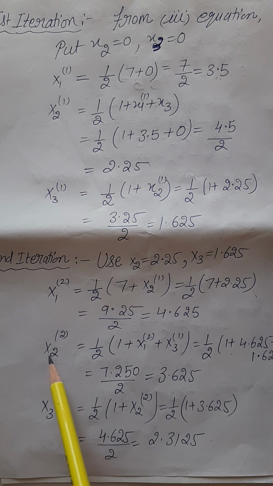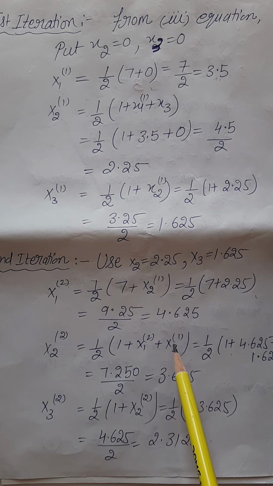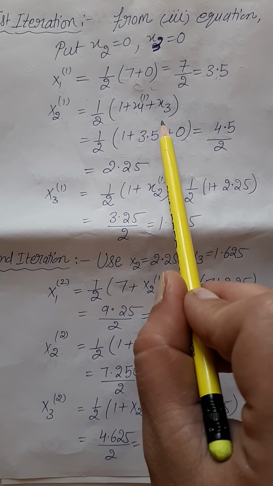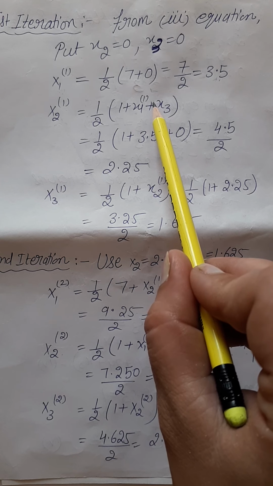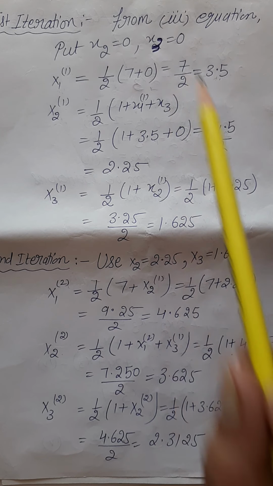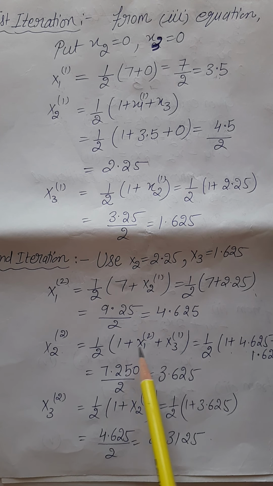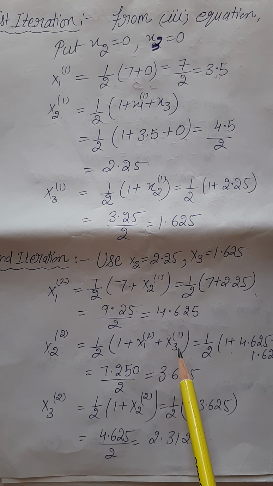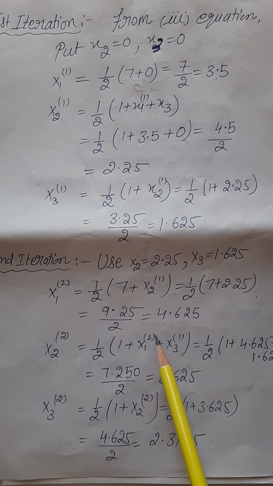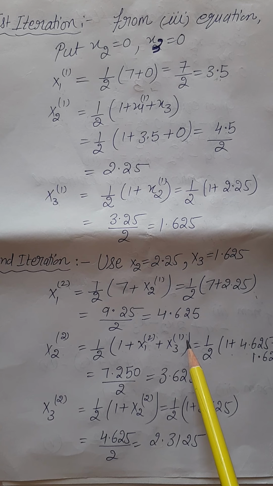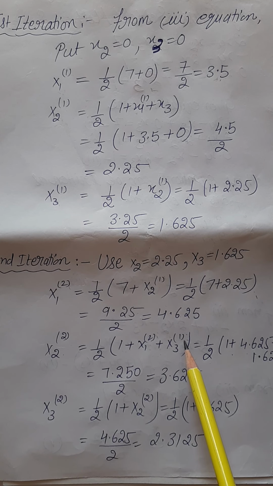Now we move on to x2, and in the same way you can use the equation from here. You can see 1 plus x1 to the power 2 and x3 to the power 1, and you put these values. I repeat, the suffixes 1 and 2 only denote our first and second iteration values.